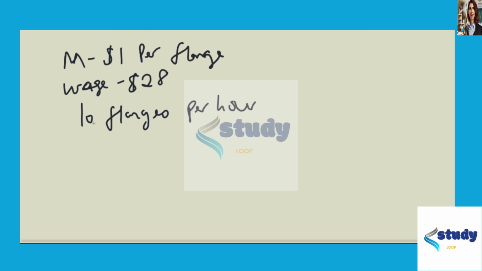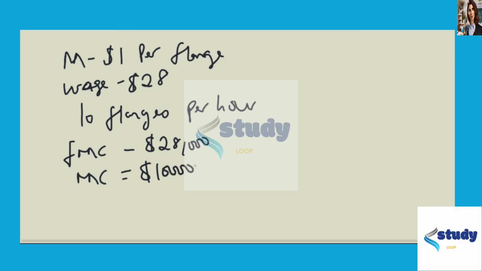Now the fixed manufacturing cost for flanges is $28,000 for the period. Now the period cost, which is not manufacturing cost, associated with the flanges is $10,000 per period, and it is fixed.